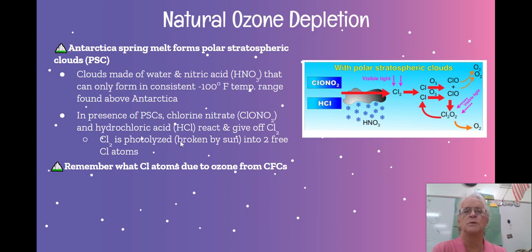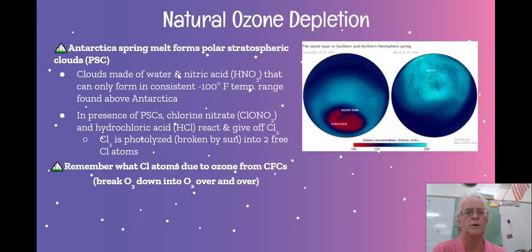This chlorine is catalyzed by the sun into two free chlorines. And you remember from the last slide what the chlorines are able to do. They break down the O3 to O2 over and over and over again. And that's why you can see here that there's an ozone hole. The ozone hole has been there for millions of years, and it grows and shrinks during different times of the year.